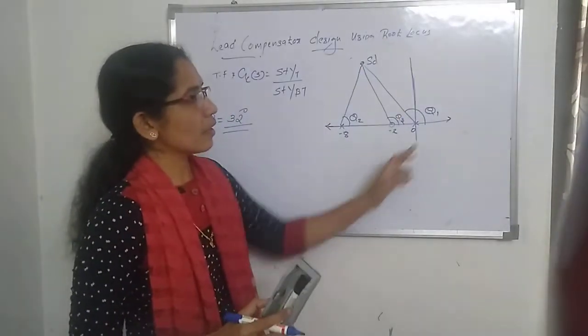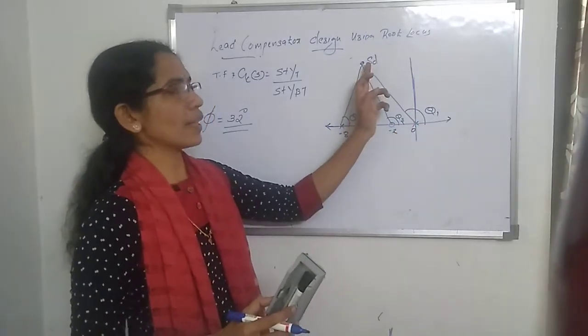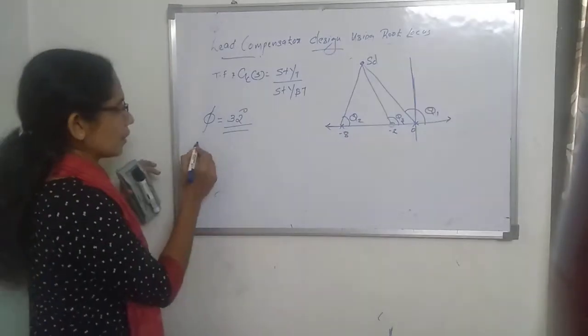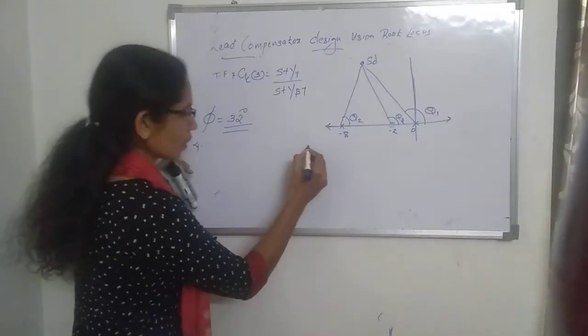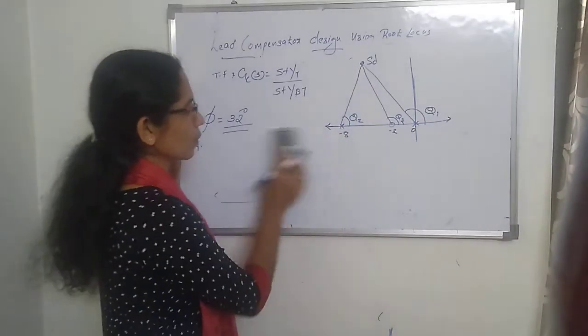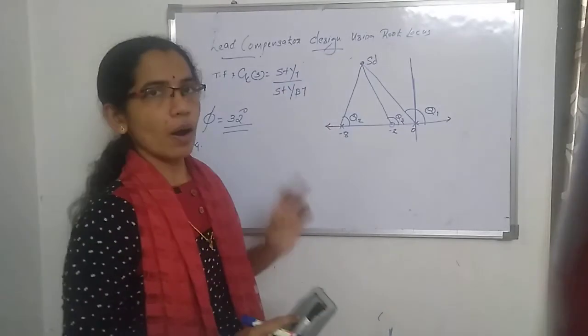Here we mark the poles and zeros and the point SD. The fourth step: we mark the poles and zeros and the dominant pole SD.